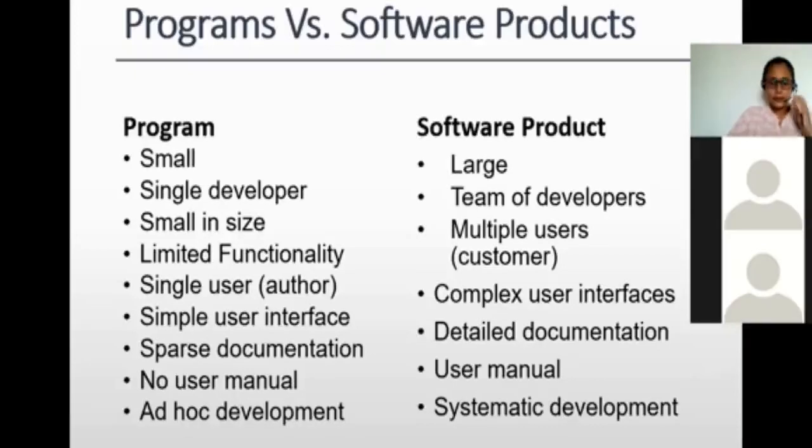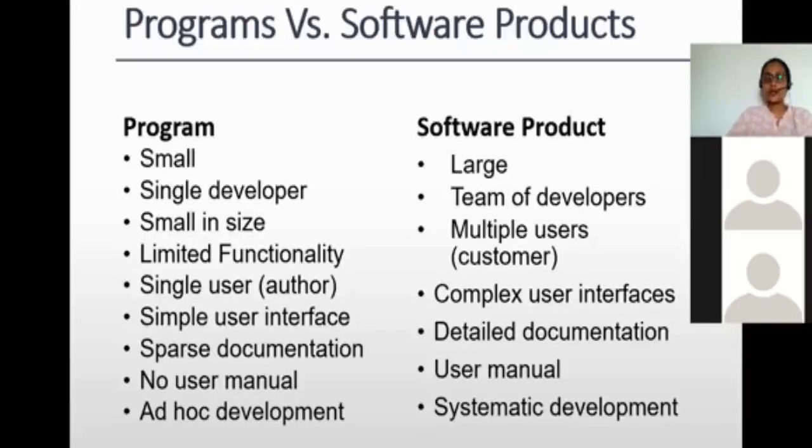And when it comes to the program, the size is very small, right? But when we come to software, we can see several programs combined together to develop the software, right? And when it comes to the program, we can see very limited functionality, right? For example, a simple calculator. How many functions? Two, three, or four functions are there.